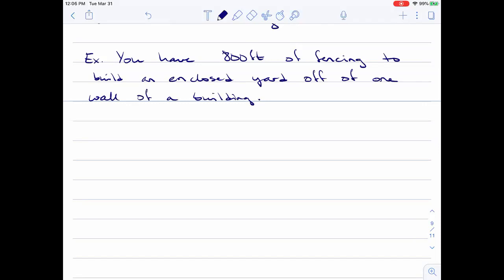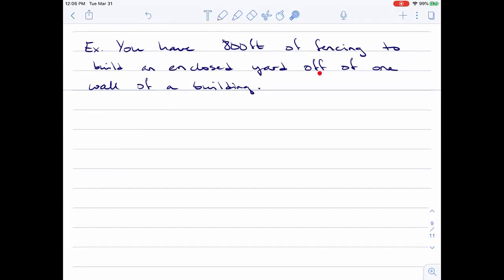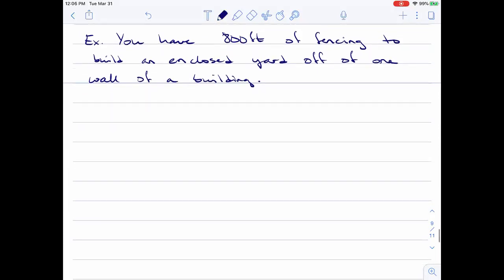You don't have to build it off of one wall, but this is just to be able to have a bigger area for 800 feet.